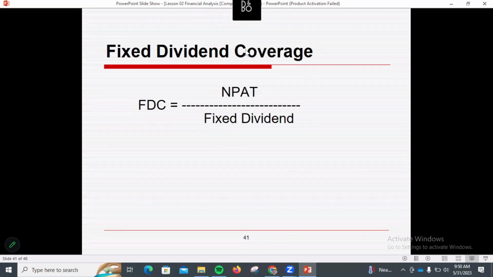So the company cannot deviate from the obligation of paying this fixed dividend. That is why it should be taken into the evaluation of long-term solvency. Net profit after tax is taken as the numerator and the fixed dividend as the denominator. This also should be more than one to be interpreted as good solvency.